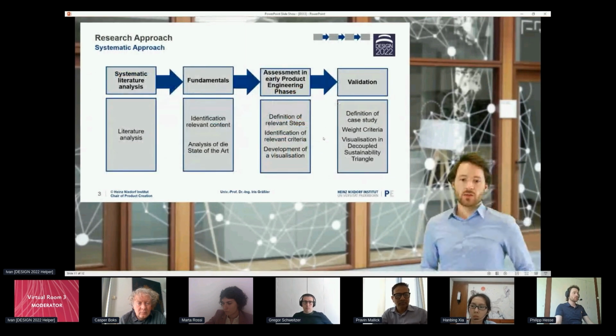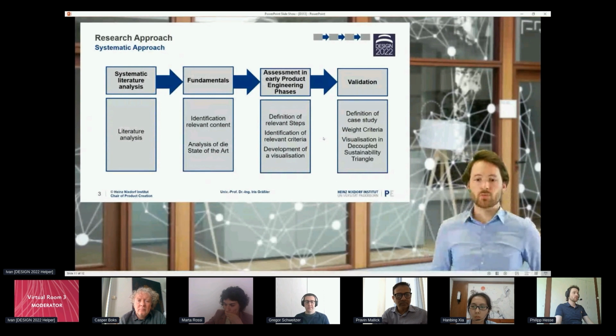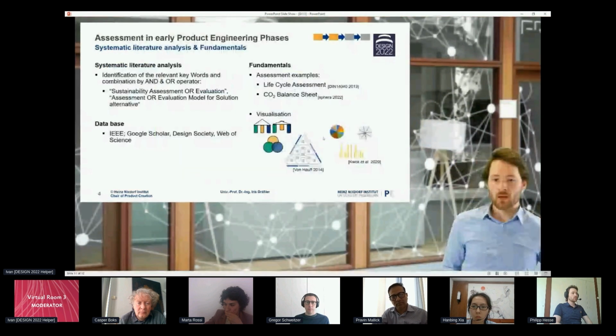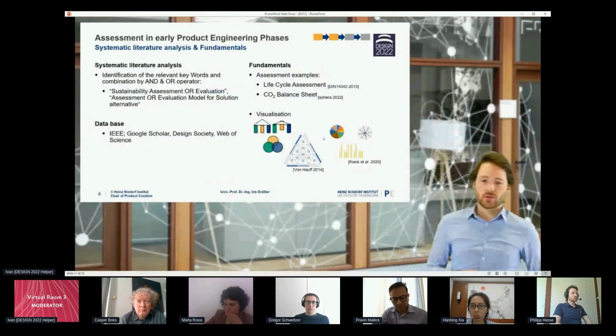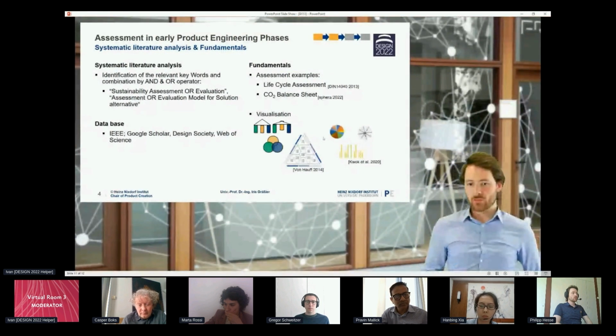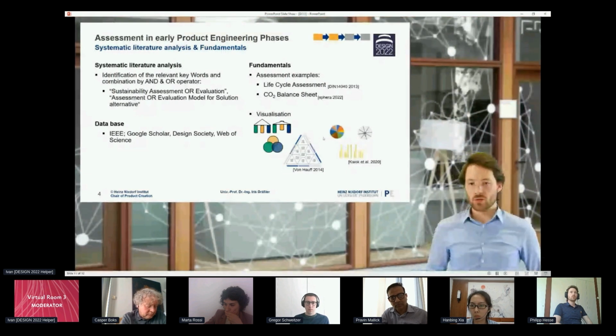Here are the research approach and the systematic approach of this presentation. First, we have the systematic literature review and the fundamentals with some examples, and the assessment in early product engineering phases. And finally, we have the validation. So first, in the systematic literature review, we use keywords like sustainability assessment and evaluation, or assessment and evaluation for solution alternatives, and other keywords.